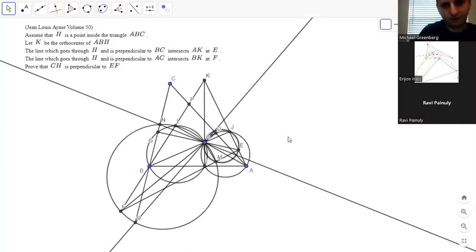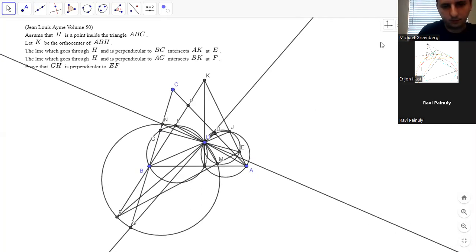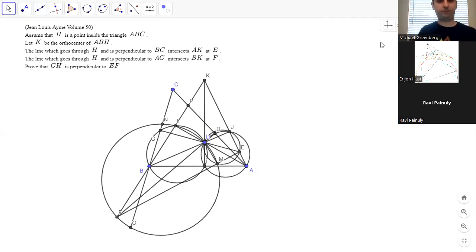That's kind of interesting. I wonder if that's equivalent to the problem itself. Okay, if the problem is true, then that would be true.